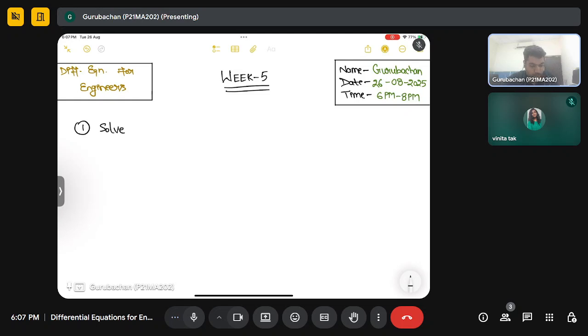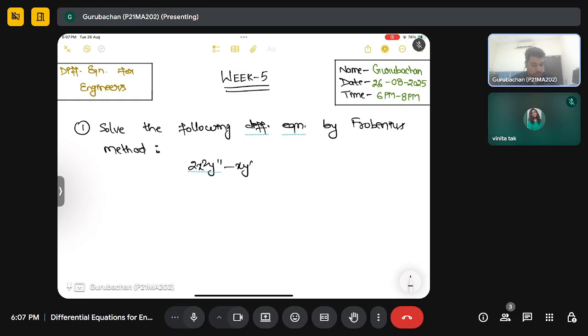Solve the following differential equation by Frobenius method: 2x^2 y'' - x y' + (x - 5) y = 0 in some interval (0, r).